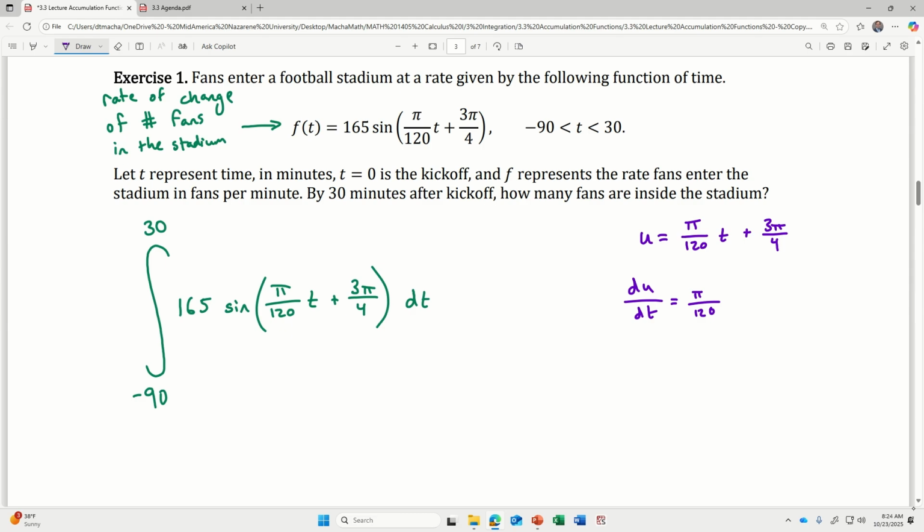So I can replace the dt with 120 divided by pi times du.